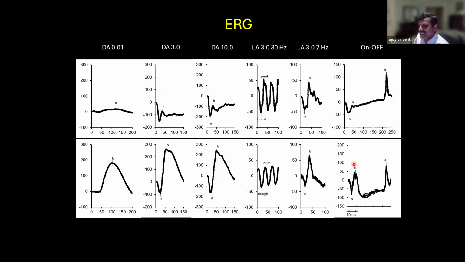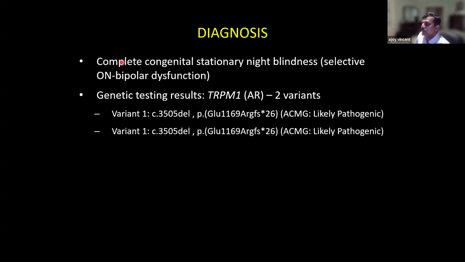So this is a selective rod and cone on bipolar cell dysfunction, and this would be typical for complete congenital stationary night blindness. And genetic testing results confirm two likely pathogenic variants in a gene called TRPM1, which is known to be associated with complete CSNB.